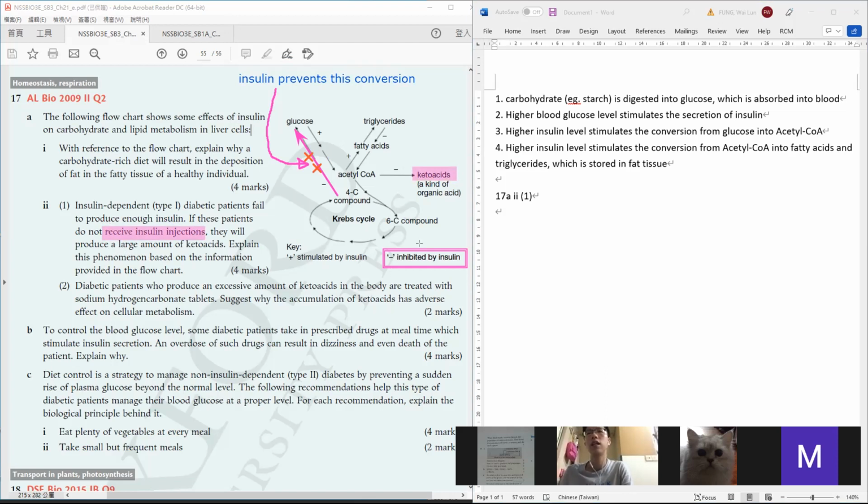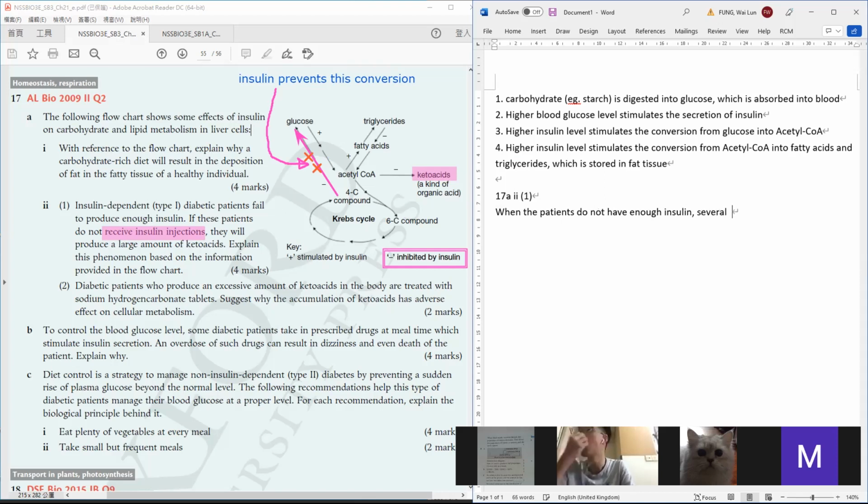Okay, so let's try to dig out some function. When the patients do not have enough insulin, what happened?